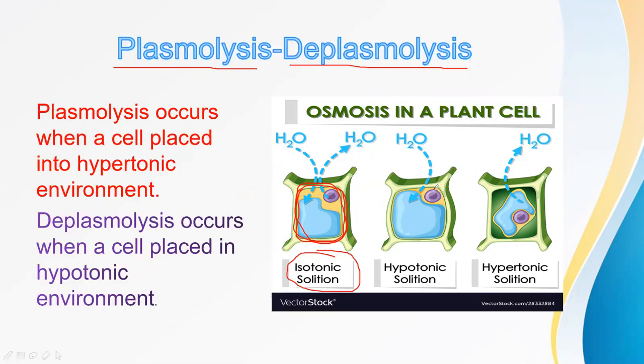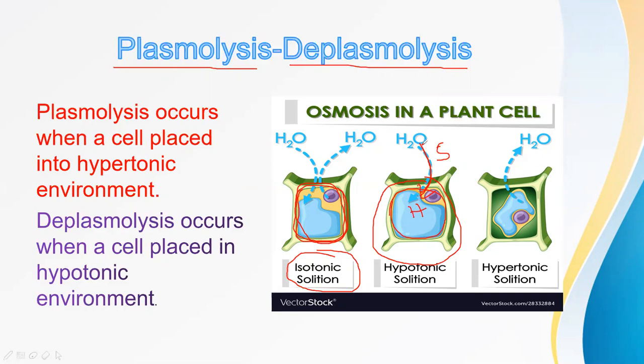When you put a plant cell in a hypotonic solution, water from outside will enter inside the cell because the concentration of the cytoplasm is higher than the solution.